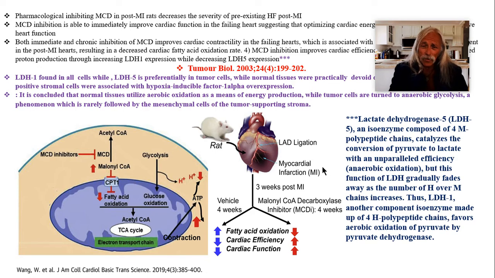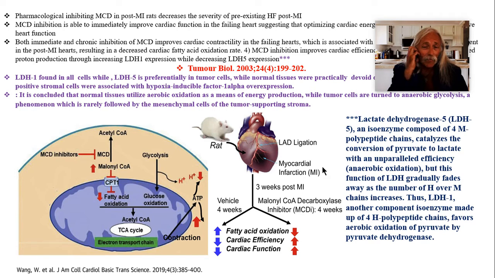So you're looking at whether or not heart failure is going to be exacerbated by this response. You add a malonyl-CoA decarboxylase inhibitor at 4 weeks, or you have the vehicle. When you add the decarboxylase inhibitor, you tank fatty acid oxidation, you enhance cardiac efficiency, stroke efficiency, and you increase cardiac function, okay?